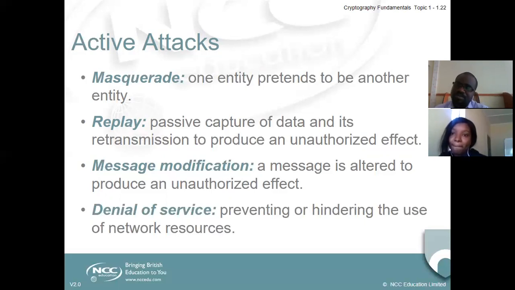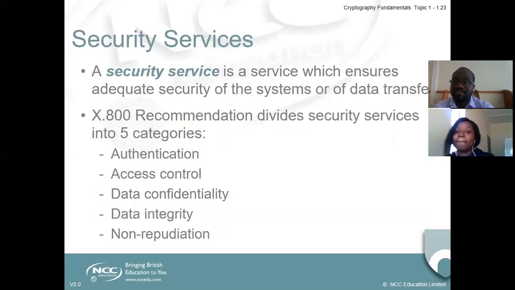You are the legitimate user, but you are failing to log in, without knowing that the hackers have invaded the system and denied you entry. You just think it's normal: my computer is frozen, my computer is acting up, not knowing that the hackers are in the system, busy sending messages. By the time you realize, as a legitimate user, the important data is gone. Denial of service means preventing or hindering the use of network resources. We call it a denial of service attack.